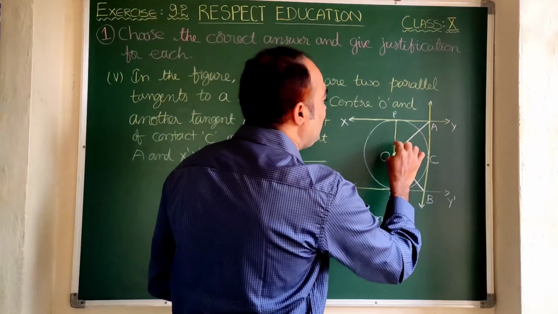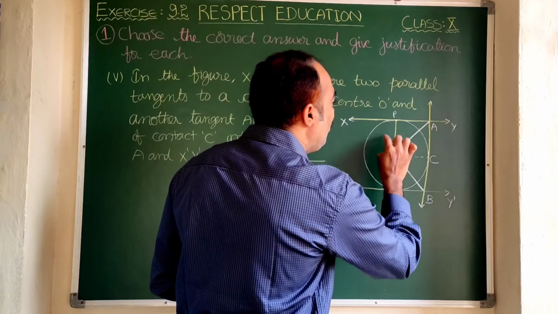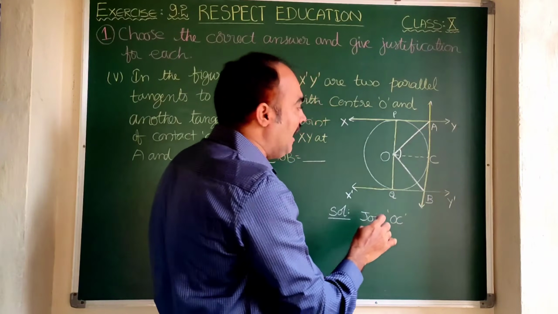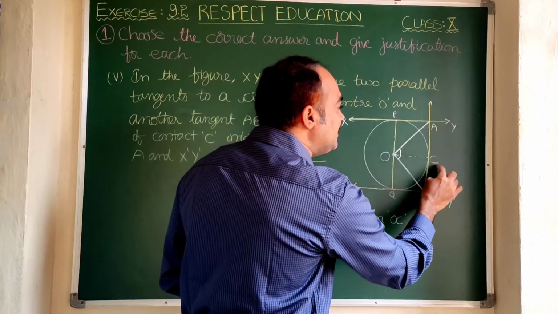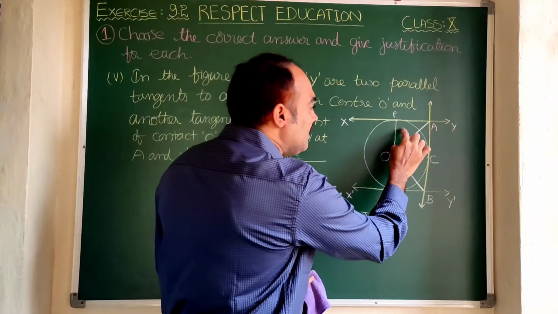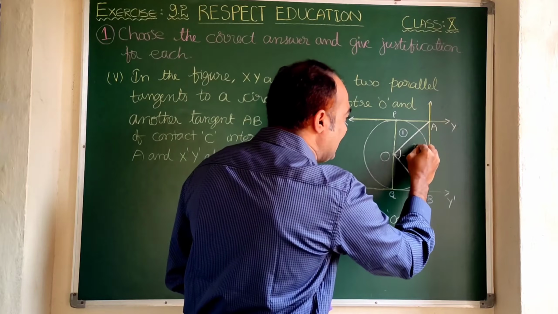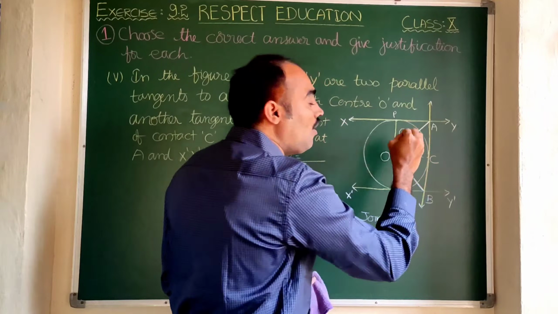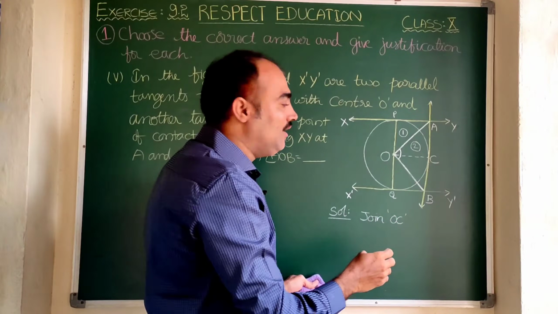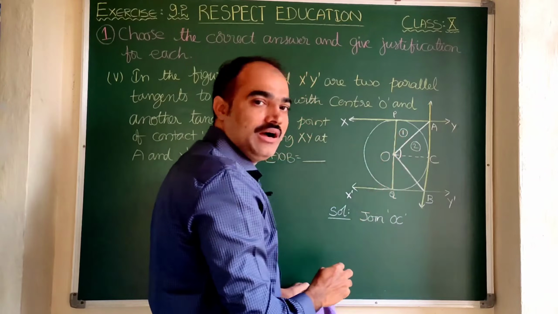First here you observe triangle OPA and triangle OCA. Let us prove this triangle and this triangle, these two are congruent to each other in order to get this answer.